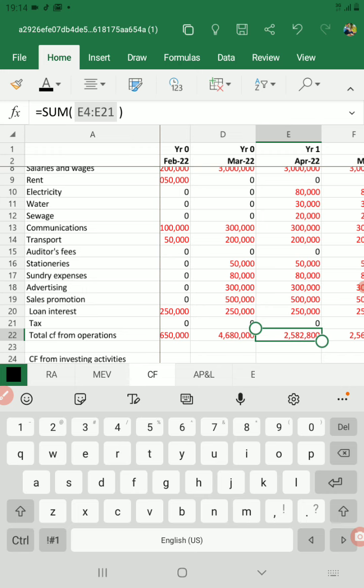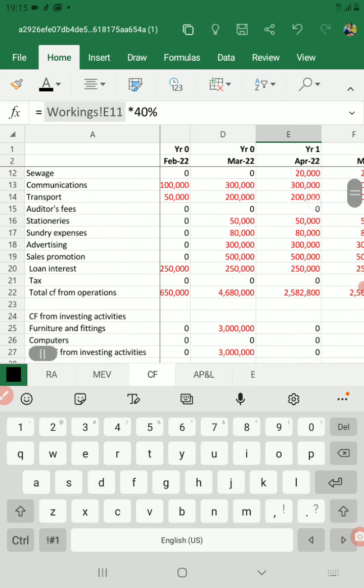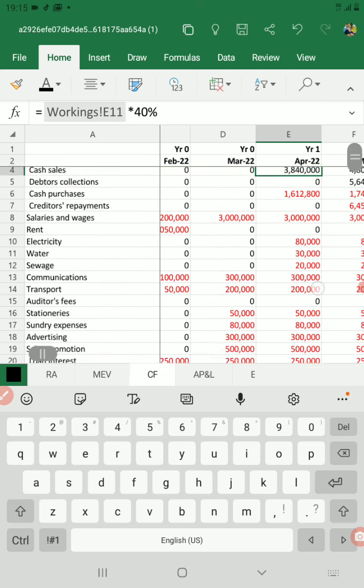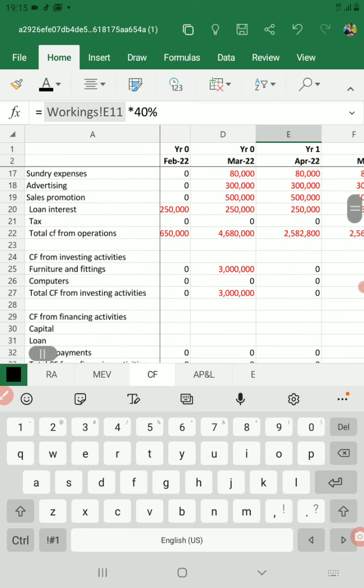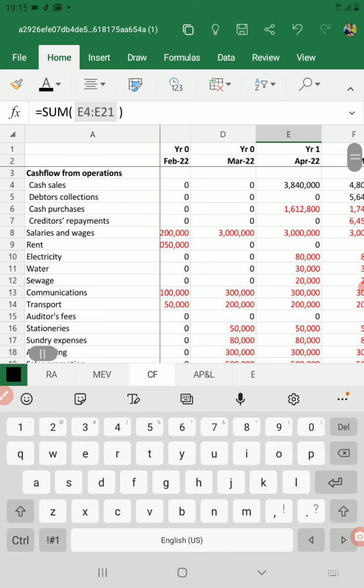That is one reason. But the other is our cash sales figure is greater than total cash flow from operations. Cash sales is positive, and total cash flow from operations is negative. But it's also less. I mean, in absolute values, without considering negative or positive, the total cash flow from operations figure is less than the figure for cash sales.